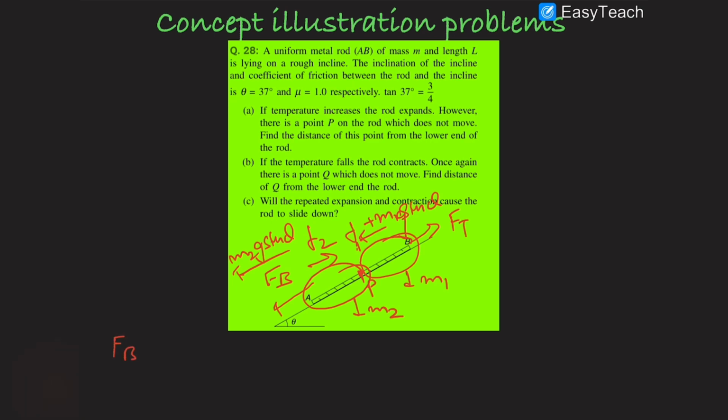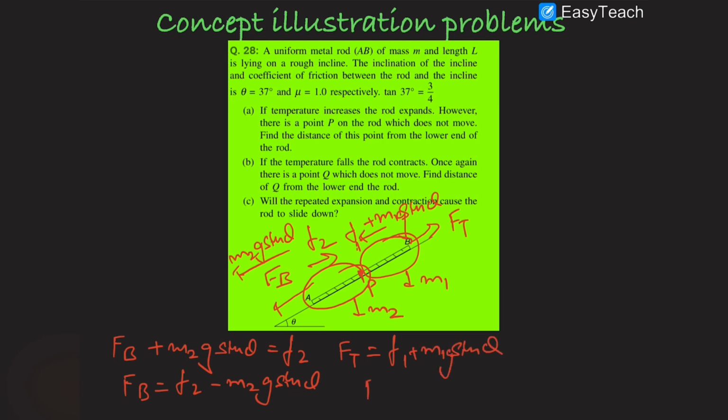So F bottom plus m2g sin theta is equal to F2. So F bottom will be equal to F2 minus m2g sin theta, and F top will be equal to F1 plus m1g sin theta.